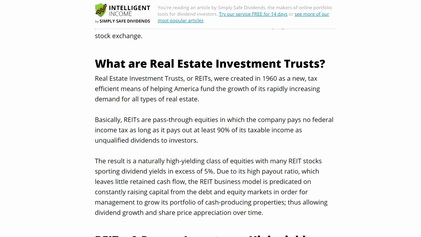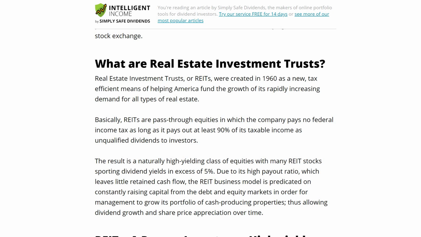And so what REITs essentially are, are pass-through equities in which the company, the REIT, pays no federal income tax as long as they pay out at least 90% of their taxable income as unqualified dividends to investors.